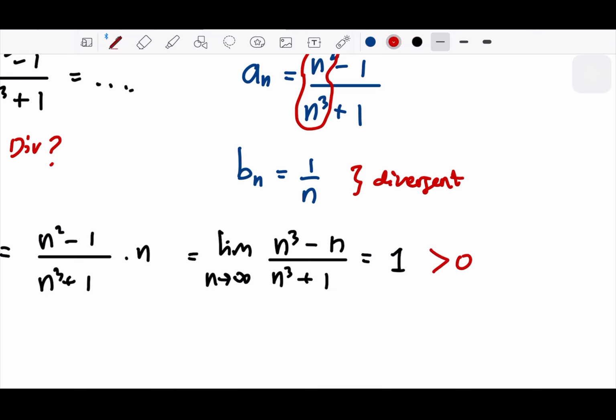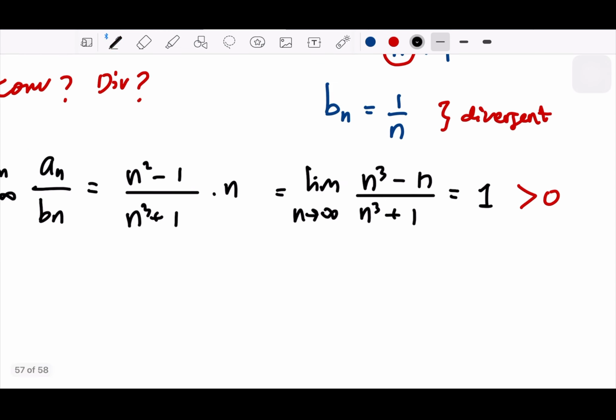Remember, what we need to find is a positive number at the end, that is greater than 0. Which means the conclusions are both series converge or both series diverge. Since 1 over n is divergent, then our series is also divergent.